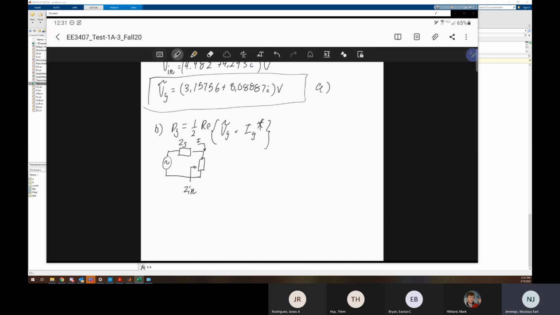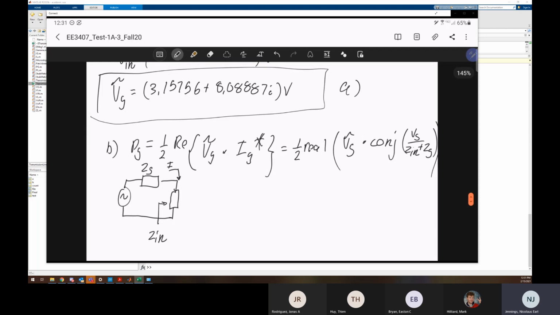I'll rewrite PG as what you would type into your calculator if you have a TI-Nspire. Type the real of this. I won't type VG itself, but conj, this is super important right here, the conjugate of VG over Zin plus Zg.